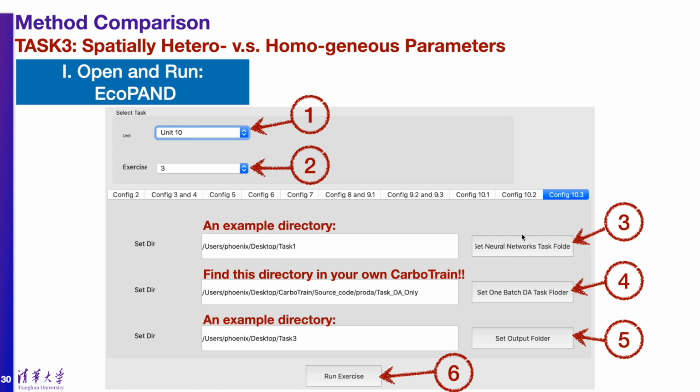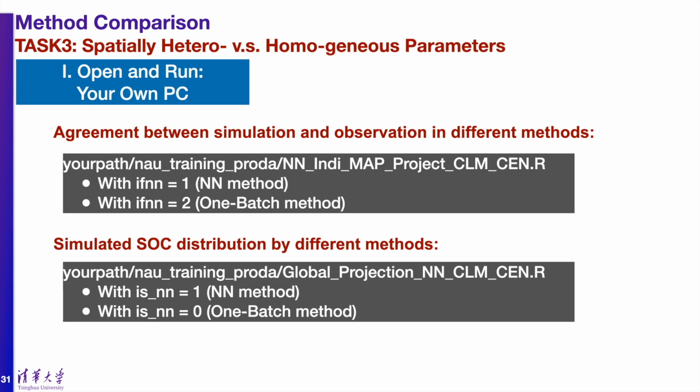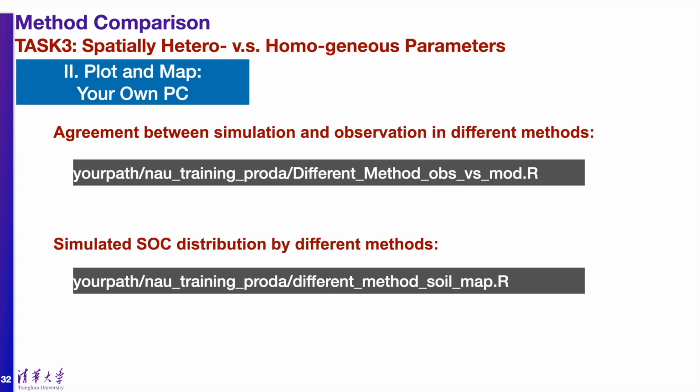Please be reminded that the batch data simulation results are given, and you may need to find the directory as I showed here in your Carbotron package. If you are using your own computer, you may run the code on the screen. Please note that you may need to set some variables in the code to generate results by different methods. Here is the code for generating figures and maps.